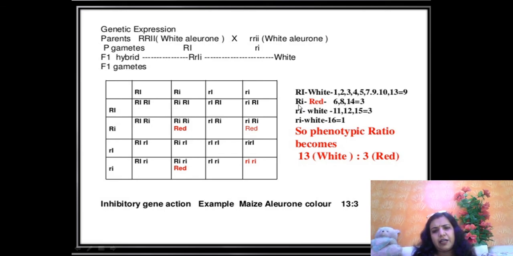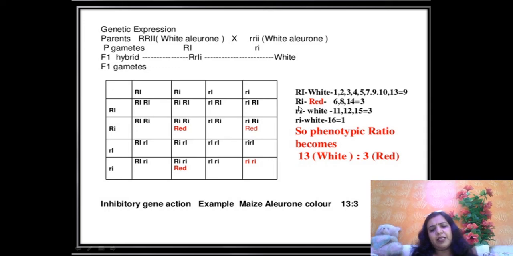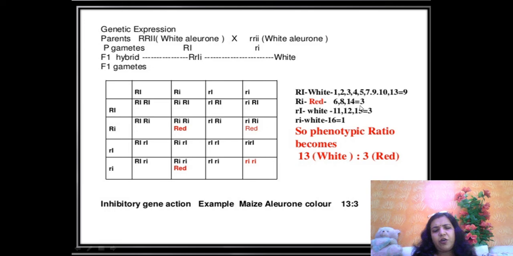That's why R is able to express fully, and that's why these 3 combinations are red. These 3 embryos are of red color. These are 6th, 8th and 14th. Only these 3 different types of embryos are red because I is not present in dominant form.